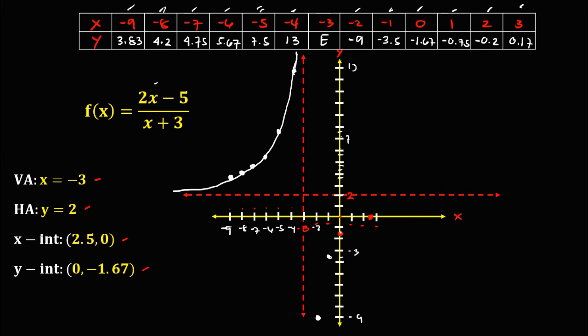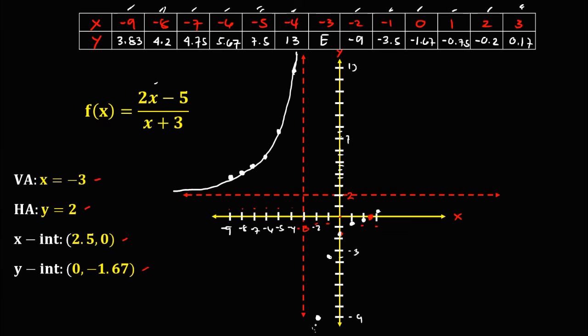Then if x is 0, this is the point. Then if 1, that's 0.75, this is the point. Then if 2, that's negative 0.2, this point. Then if 3, that's positive 0.17. So this is the point.